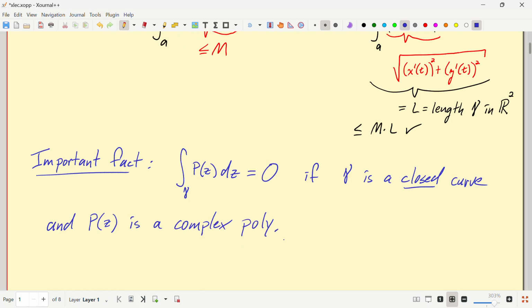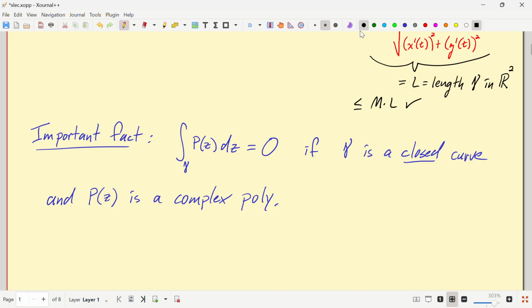Well, it's an easy fact because z to the n is equal to a derivative of something. That's the derivative of 1 over n plus 1, z to the n plus 1.